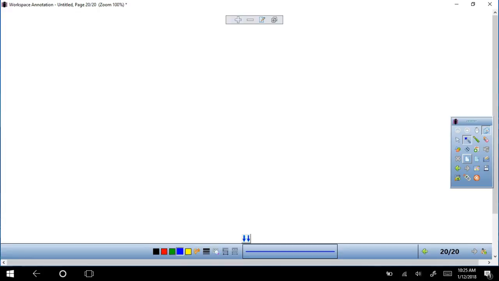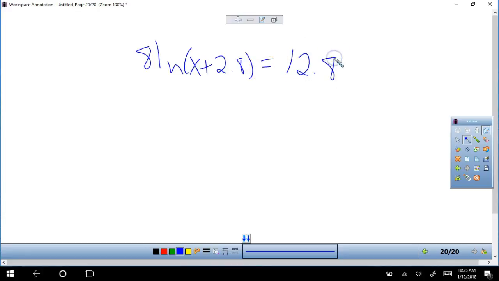19. 8 natural log x plus 2.8 equals 12.8. So, divide by 8, divide by 8. 12.8 divided by 8 is 1.6.